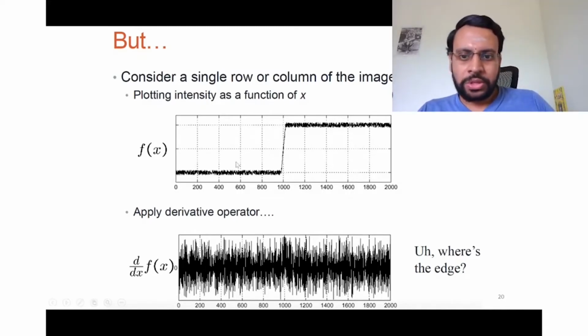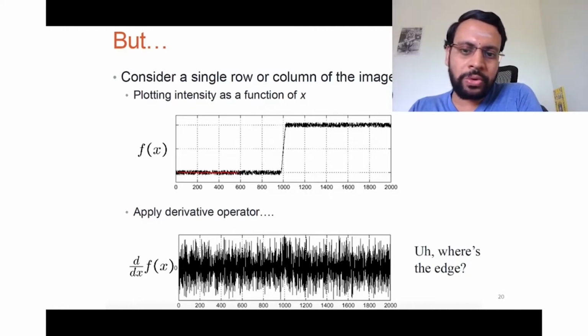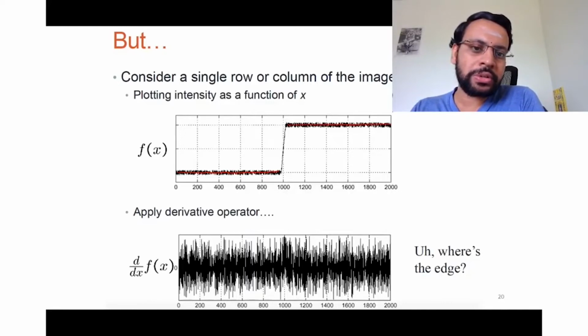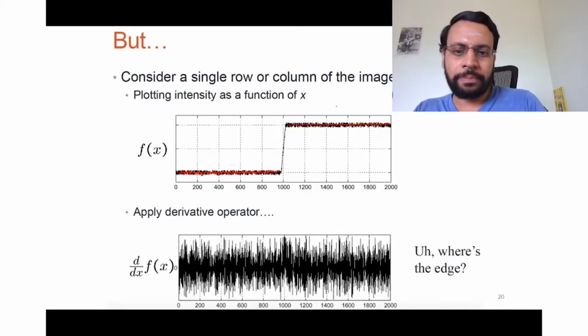But suppose there is some noise that got added to an image where ideally there is a constant intensity here. Okay, the original intensity, assume that this is how you expect the intensities to be, constant, but noise got added and there are slight variations happening here, and similarly here.